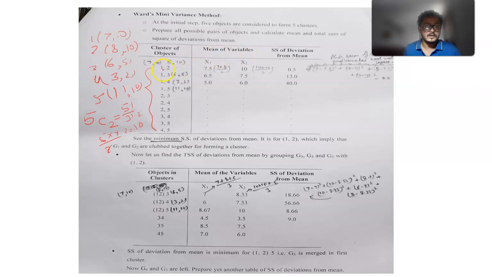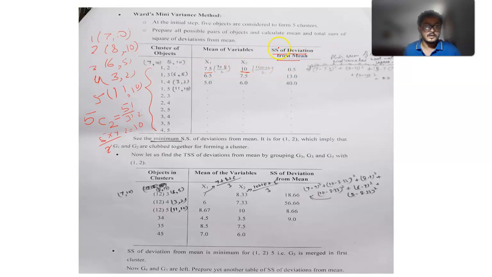In 1 and 2, 1 is 7 comma 10, 2 is 8 comma 10. We find the mean: for x1, 7 plus 8 by 2 is 7.5, and for x2, 10 plus 10 by 2 means 10. Then on the basis of the mean value, we find the sum of square of deviation.